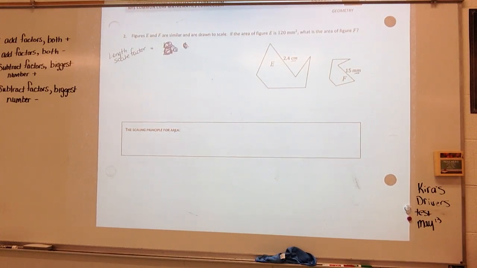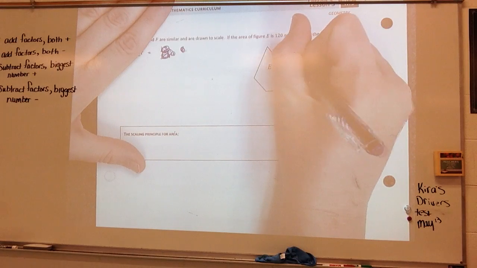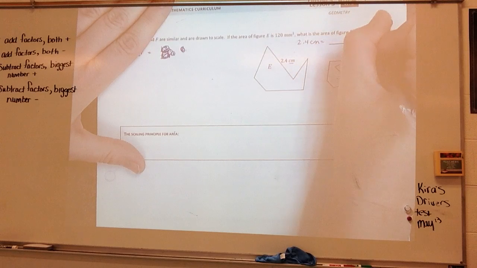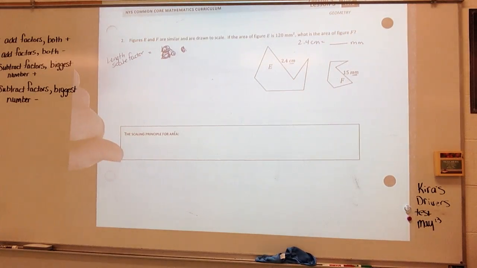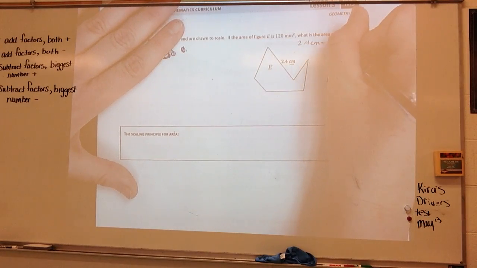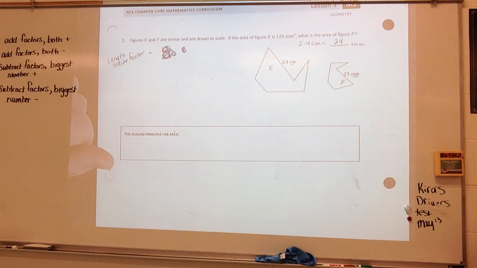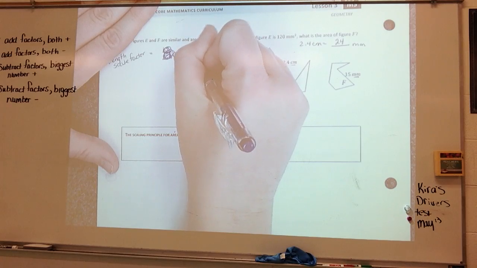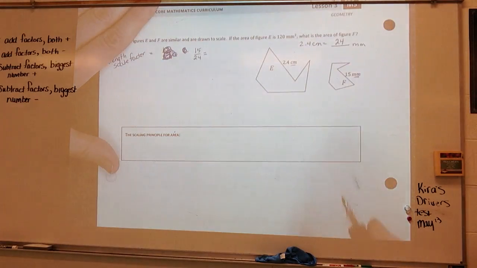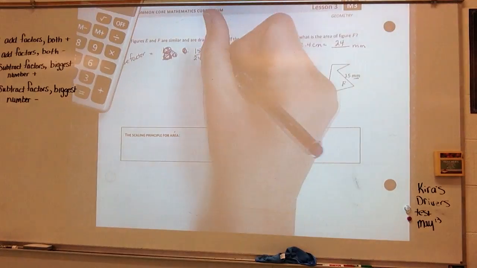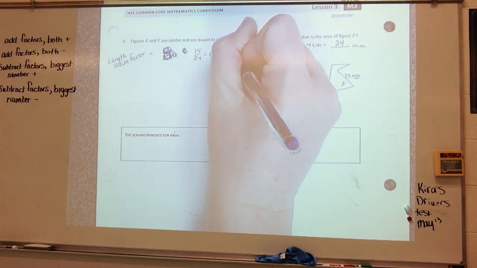I need to change 2.4 centimeters to millimeters. To do that, I move my decimal point one place to the right, and I get 24 millimeters. So now I've got 15 over 24, because this is my small one. 15 divided by 24 is 0.625.